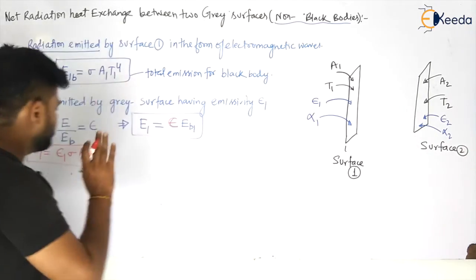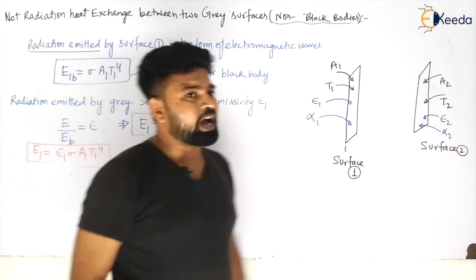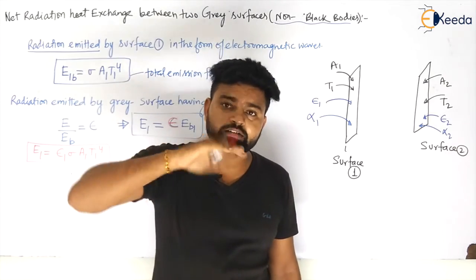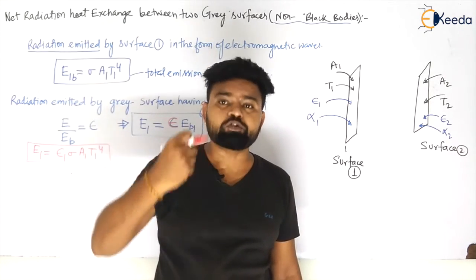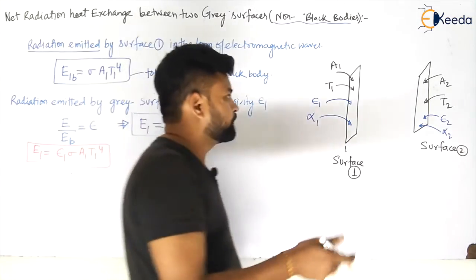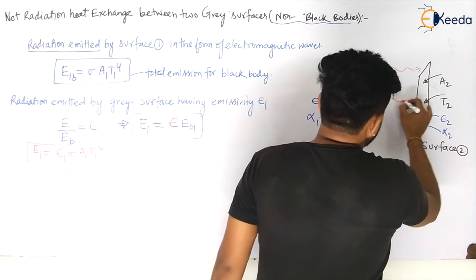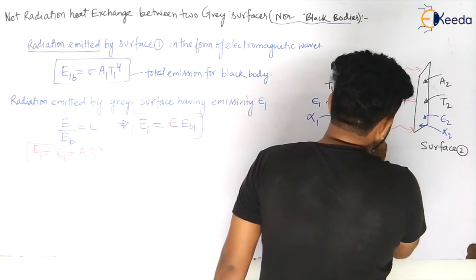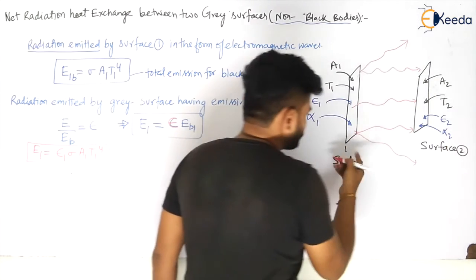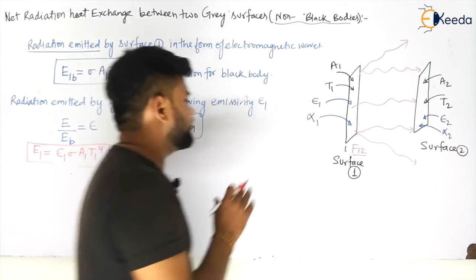So now we know how much it is radiating. Now I want to know how much of the radiation coming out from surface 1 is absorbed by surface 2. Some radiation is going out from this and absorbed by 2. So what will be this? This will be F12; the shape factor will decide.